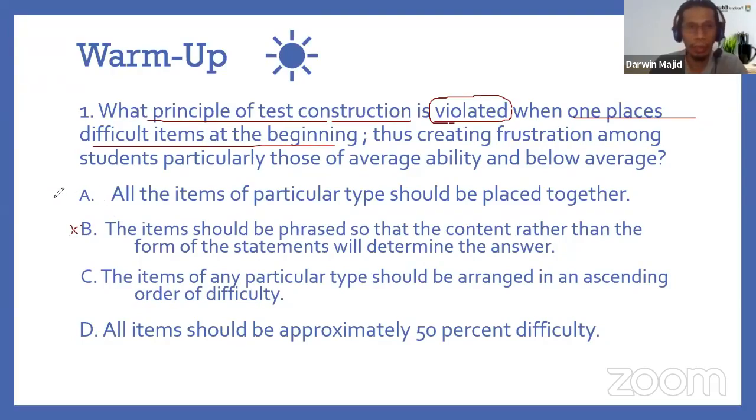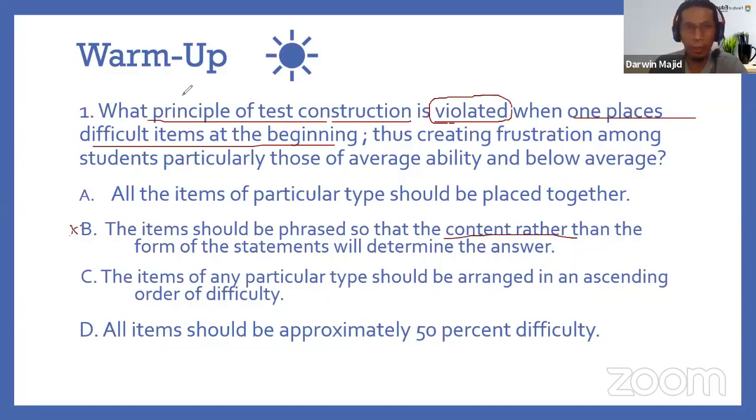The choices will always be homogeneous, meaning they will just fall on the same concept. What makes it difficult are those terms we call conditions or parameters. So one places, then we're talking about the order or positioning when you construct your test. This one has to do with content.